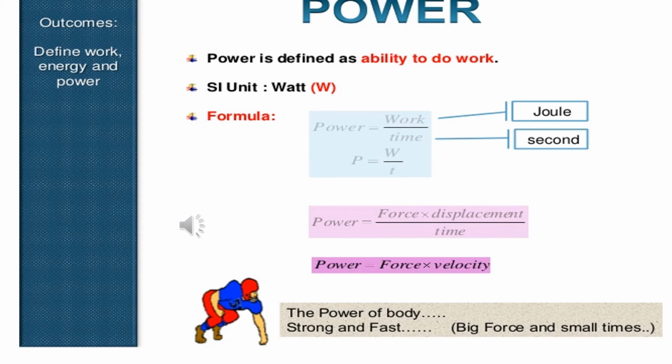The power of the body is either strong or fast, big force or sometimes small at times. You put in a lot of force to do some work, and sometimes you put in very little to do work.